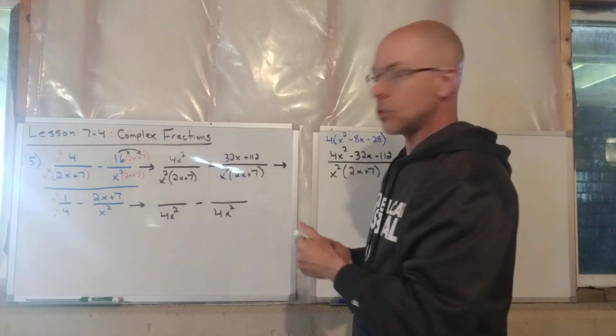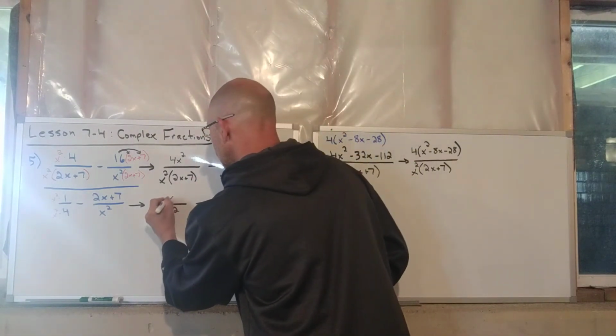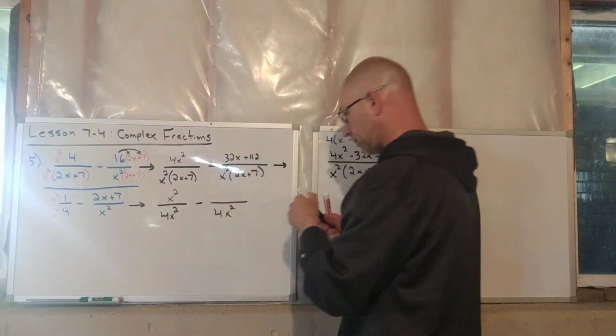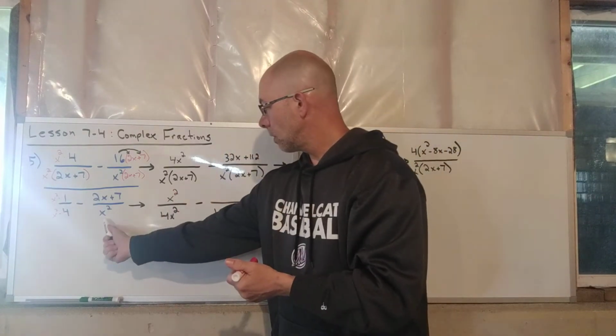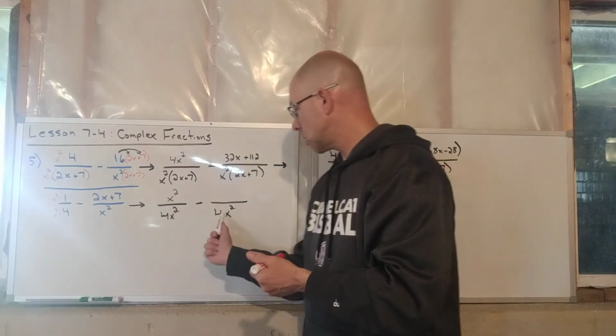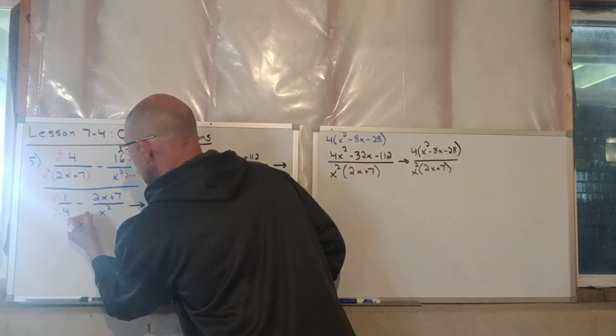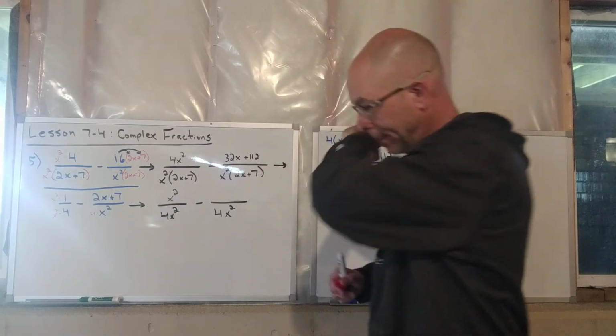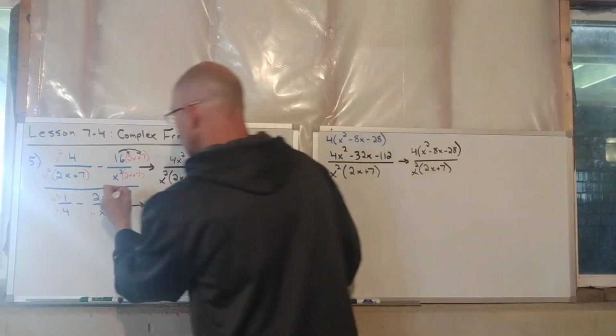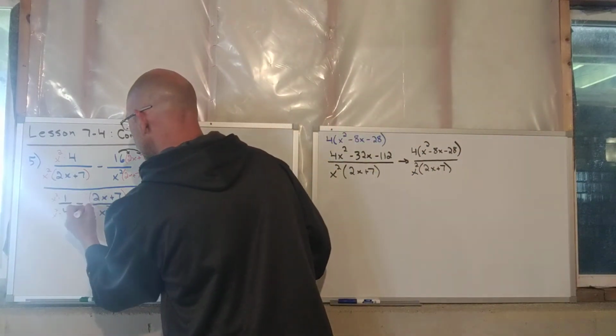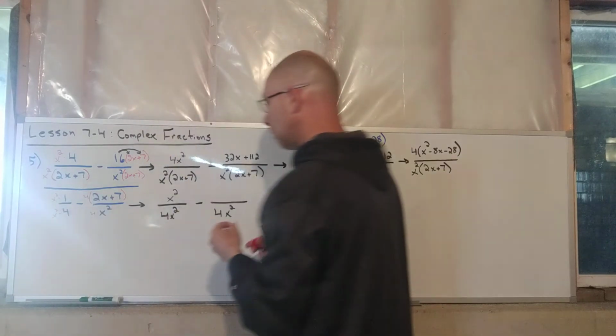X squared times 1 is just x squared. This fraction, this x squared, needs to become 4x squared. That happens by doing times 4. So that's what I do to the numerator. Times 4.